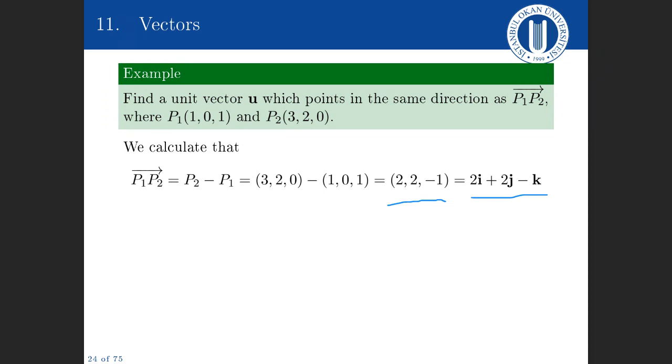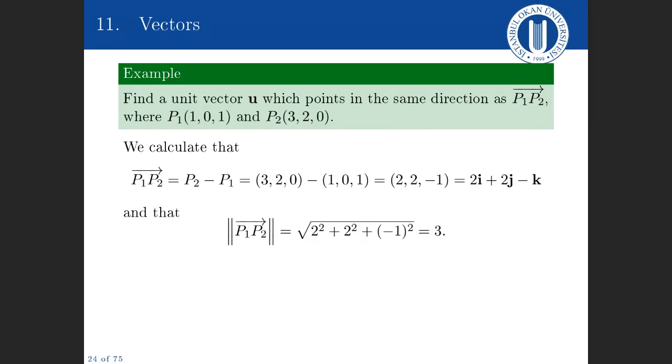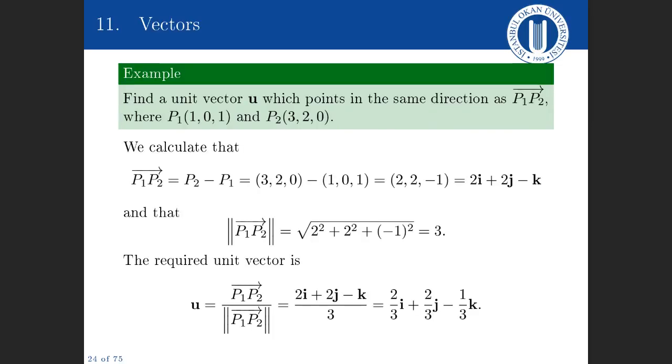We need the norm of this vector. We calculate the square root of 2 squared plus 2 squared plus minus 1 squared, and we get 3. Then the unit vector that we want is p1p2 divided by the norm of p1p2. The answer is 2/3 i plus 2/3 j minus 1/3 k.